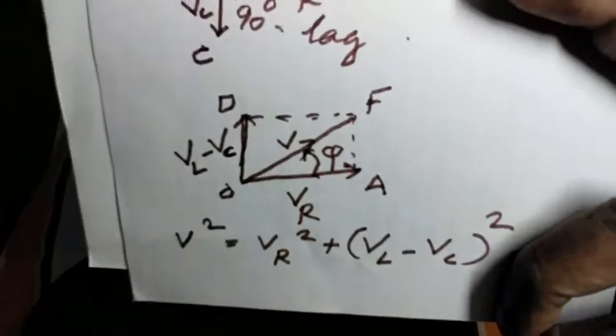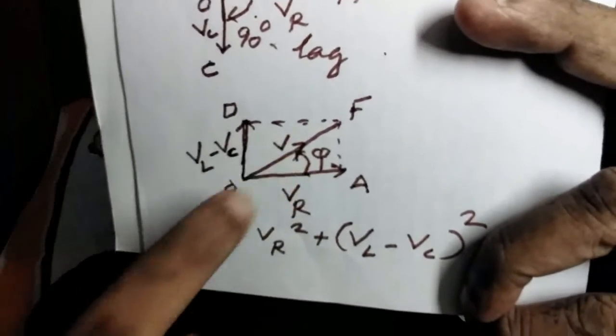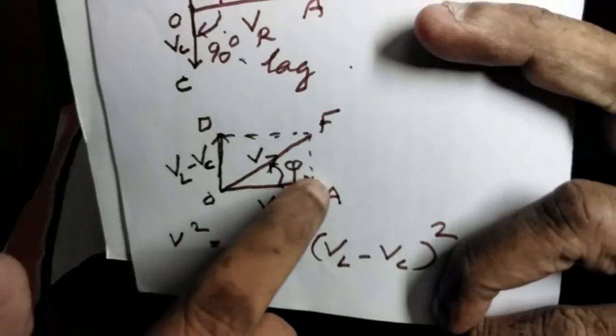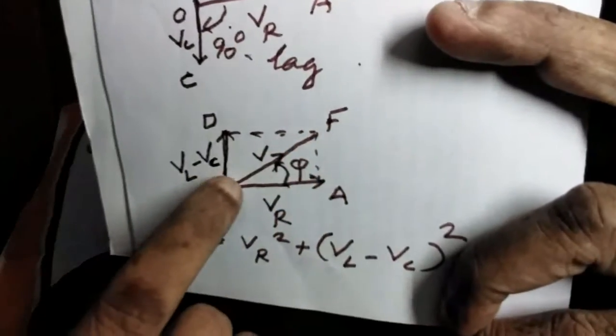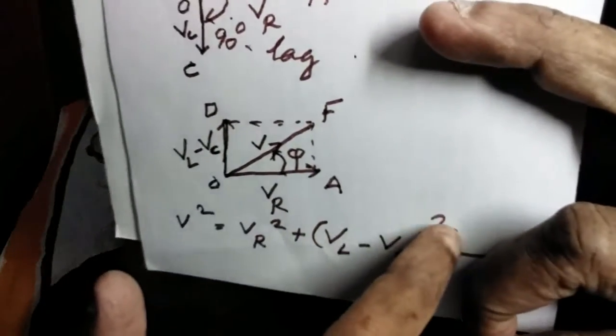So you use the Pythagoras theorem. V square equals VR square plus this square, or (VL minus VC) the whole square.